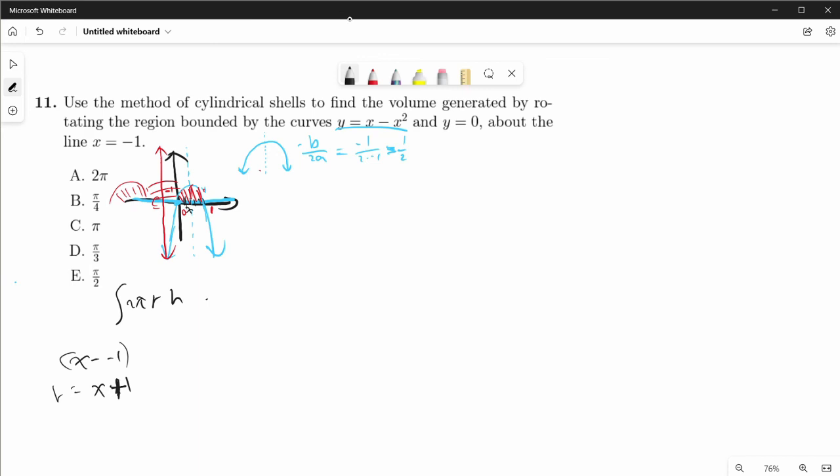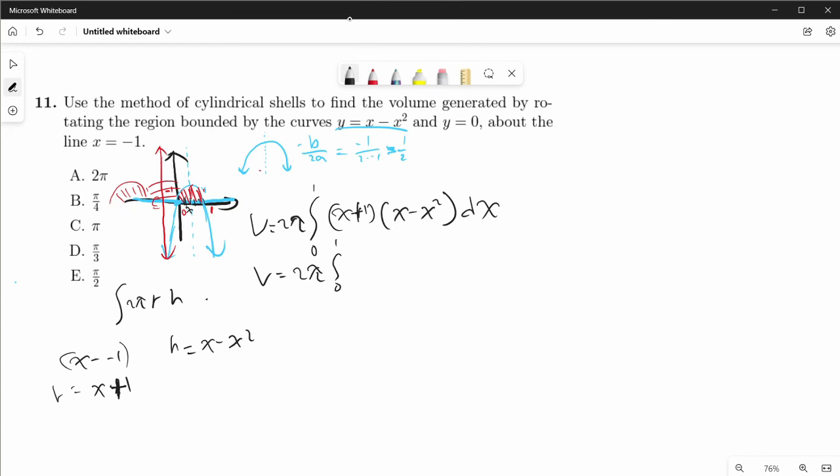And then h is the height, which is just the top function minus the bottom function. Since the bottom function is y equals 0, you only need to consider the top function, which is x minus x squared. So with all that sorted out, let's put in our bounds, put the constant outside, and we have 2 pi times the integral of x plus 1 times x minus x squared dx as our volume.